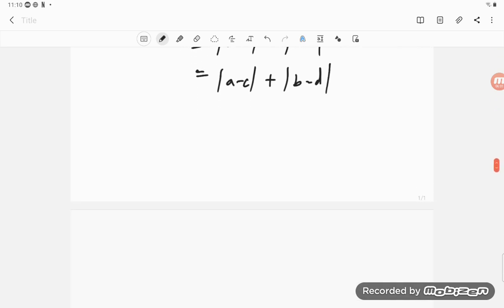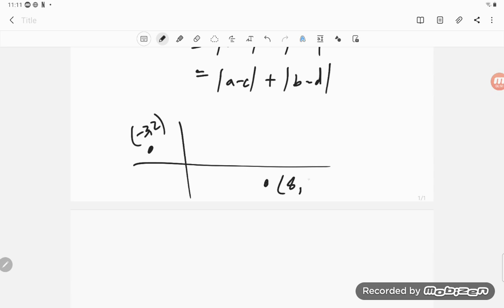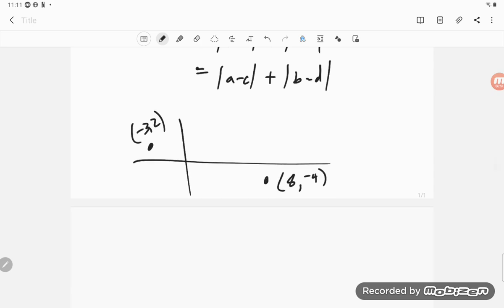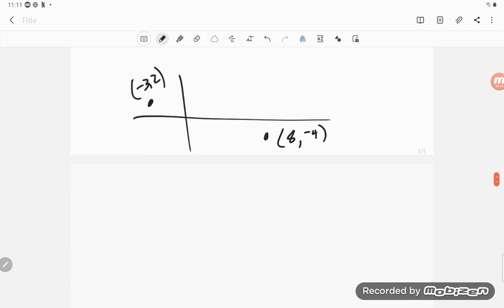Okay. Now, in our previous video with the Euclidean, we ended up using this point here of -3, 2, and a point here of 8, -4. And so if I want that taxicab distance, all I need to do is, again, take that distance plus that distance.